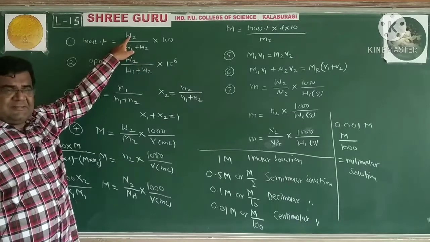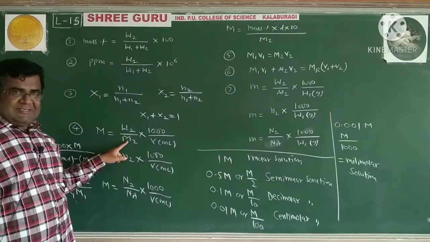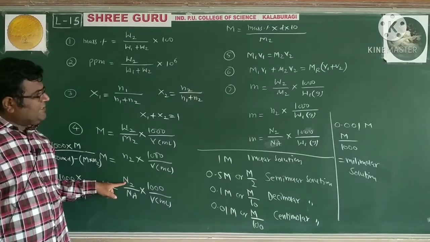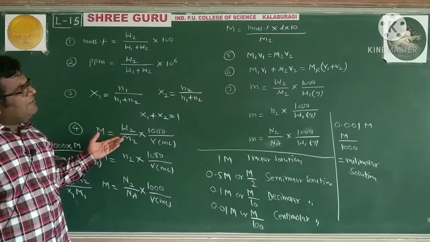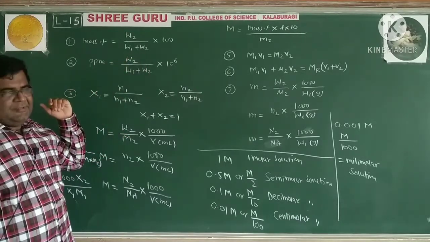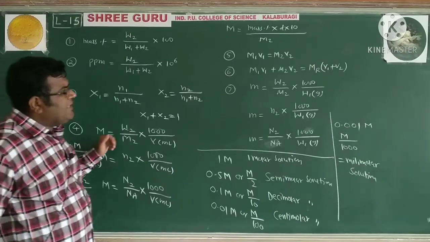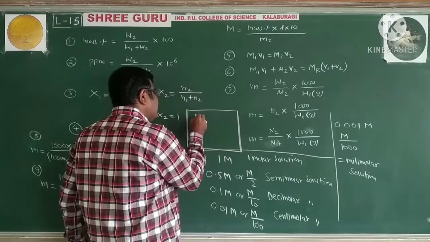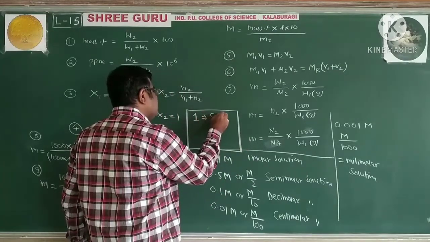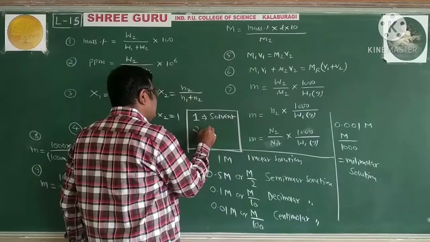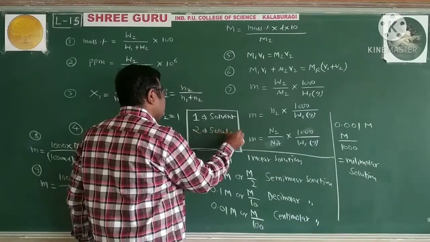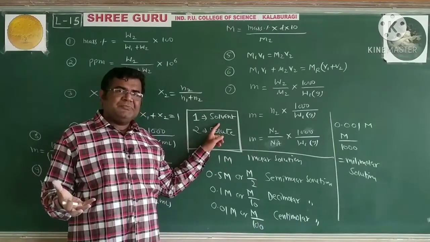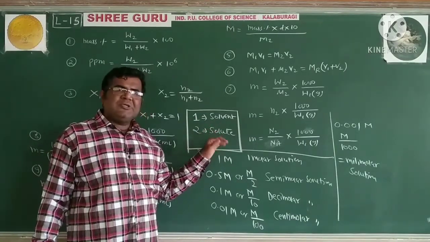W means mass, M means molar mass, N means number of molecules, and D means density. 1 stands for solvent because solvent is the large amount, and 2 stands for solute because it is in small amount.